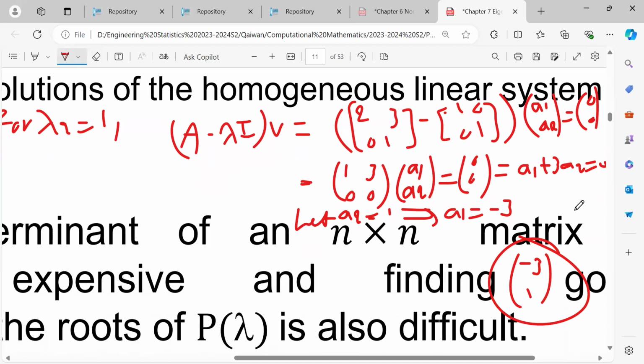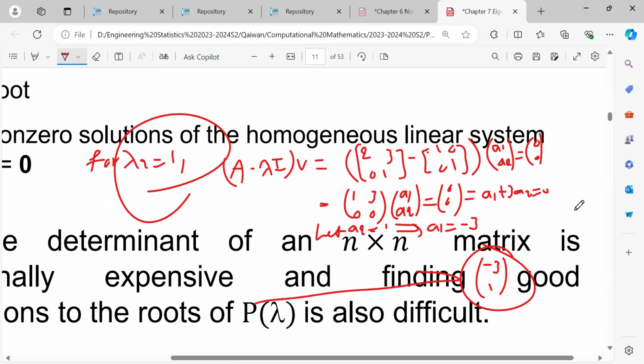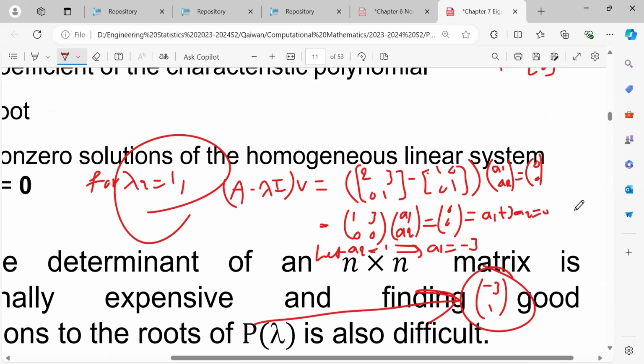This is the eigenvector that corresponds to this eigenvalue. That's how to find the eigenvectors. It's for lambda 2: minus 3 and 1, A1, A2.